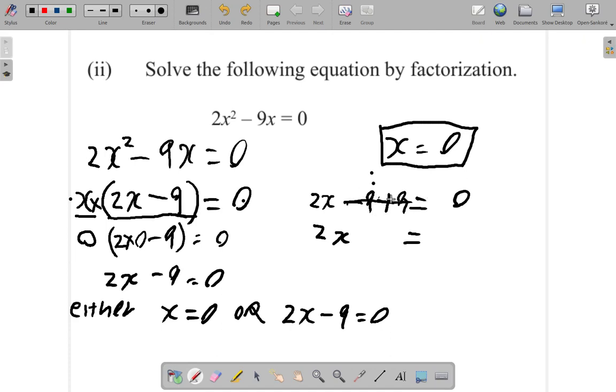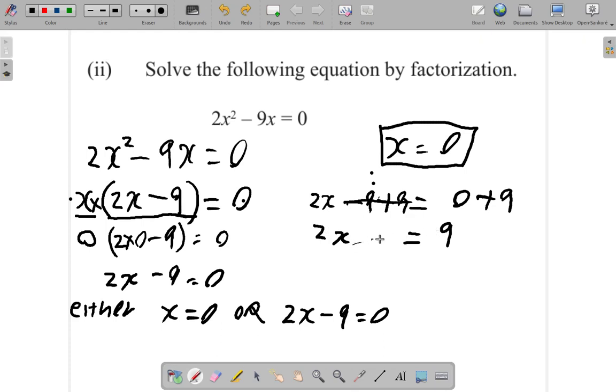But when you add 9 to the left, you throw the equation off balance. Adding 9 to the left makes the left heavier than the right. So you have a tilting of the scale. So you must add 9 to the right too to restore balance. So 0 plus 9 is 9. So 2x is equal to 9. Alright?